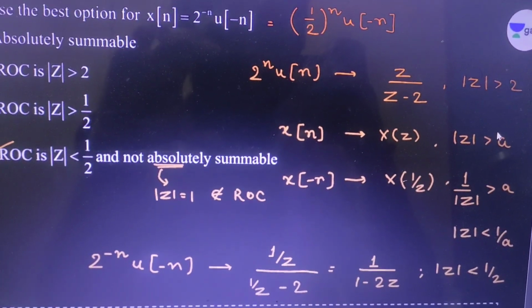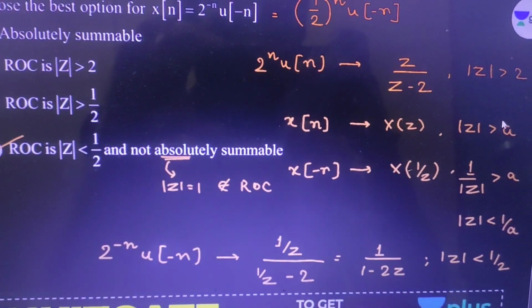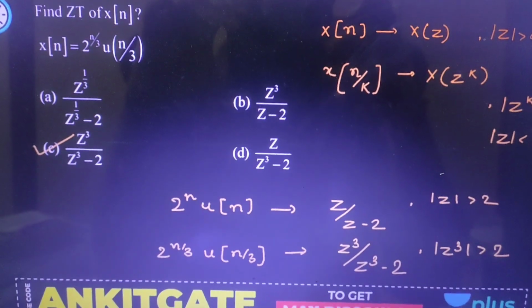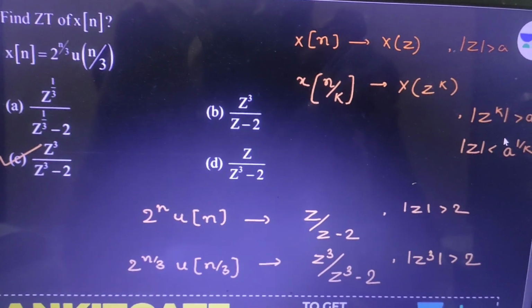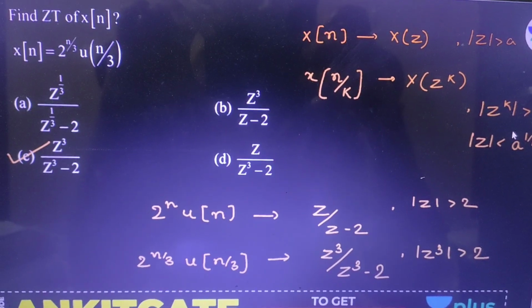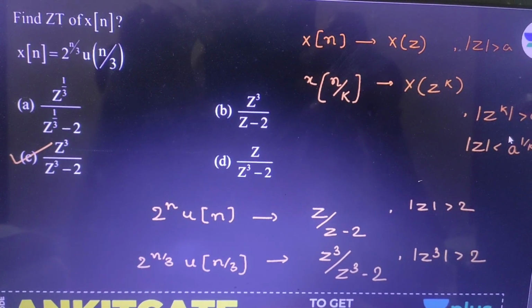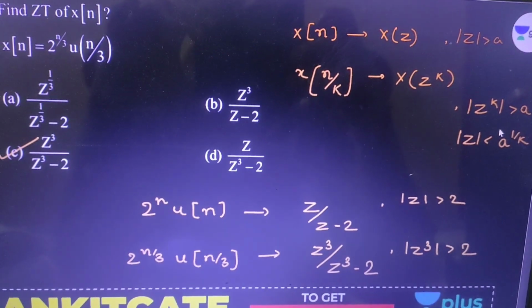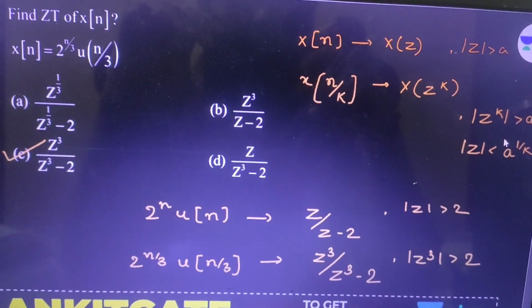Here x of n is given, and it is replaced by x of minus n. Z transform of x of n is equal to 2 power n by 3 u of n by 3. X of n has transform x of z. X of n by k is x of z power k, where z power k is greater than a, that is z is greater than a power 1 by k.